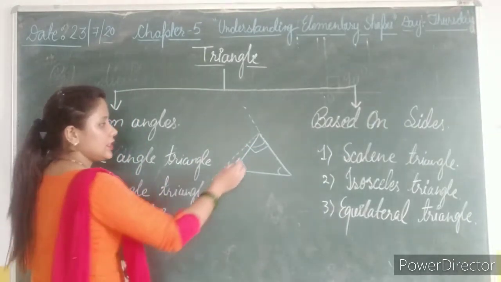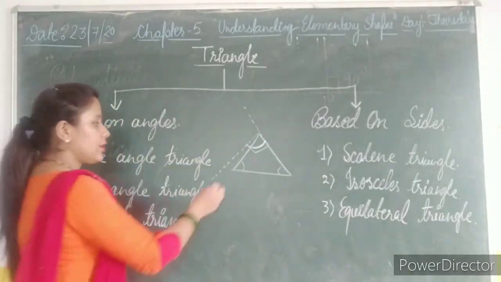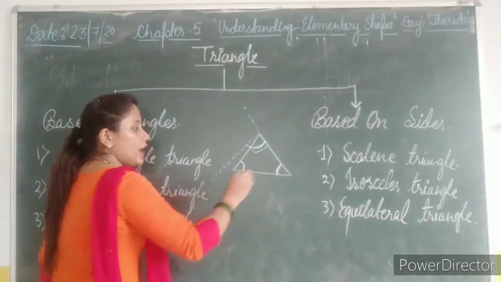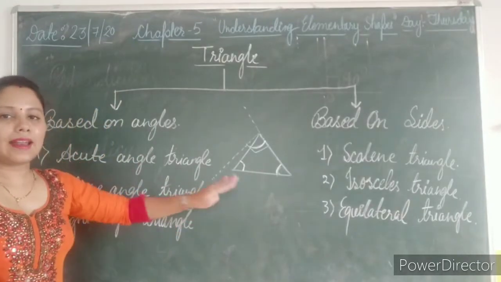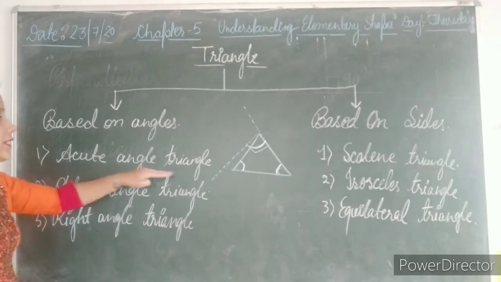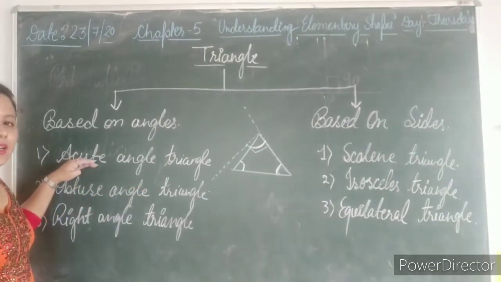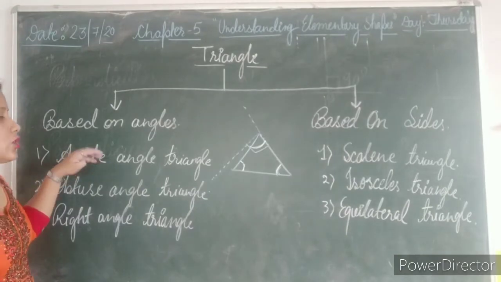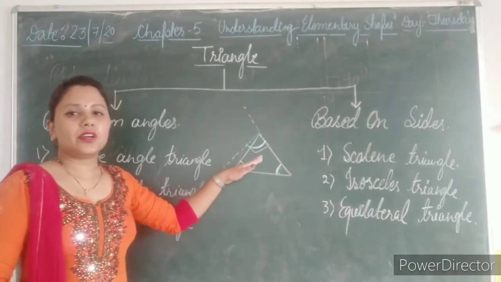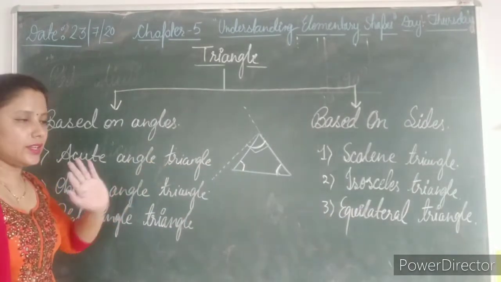And as you can see here, this angle is less than 90 degree. Similarly, this angle also, both angles are less than 90 degree. So we can say that it's an acute angle triangle. What is the meaning of acute angle? An angle which is less than 90 degree is an acute angle. So in any triangle, if the angles are less than 90 degree, that is your acute angle triangle.